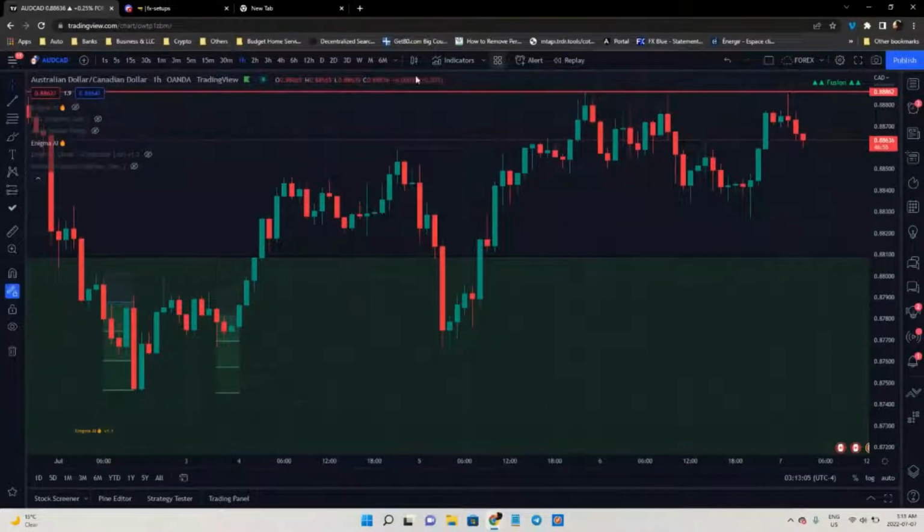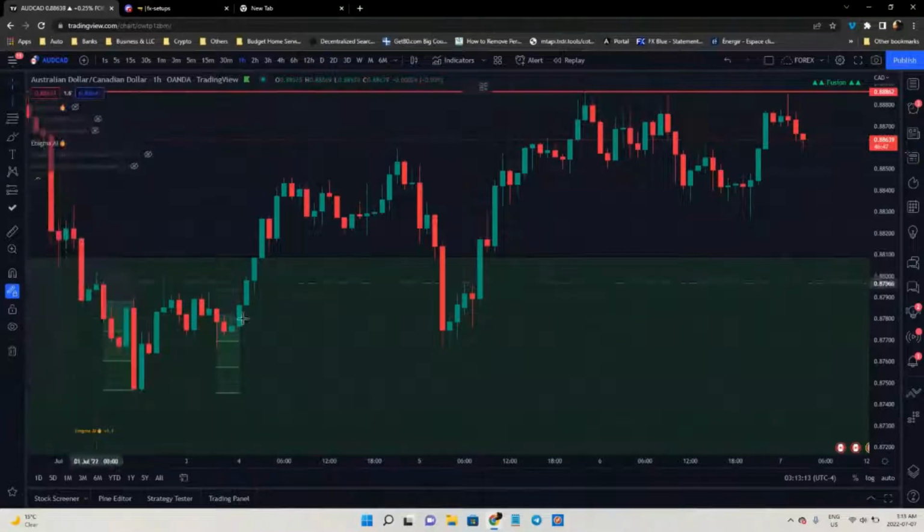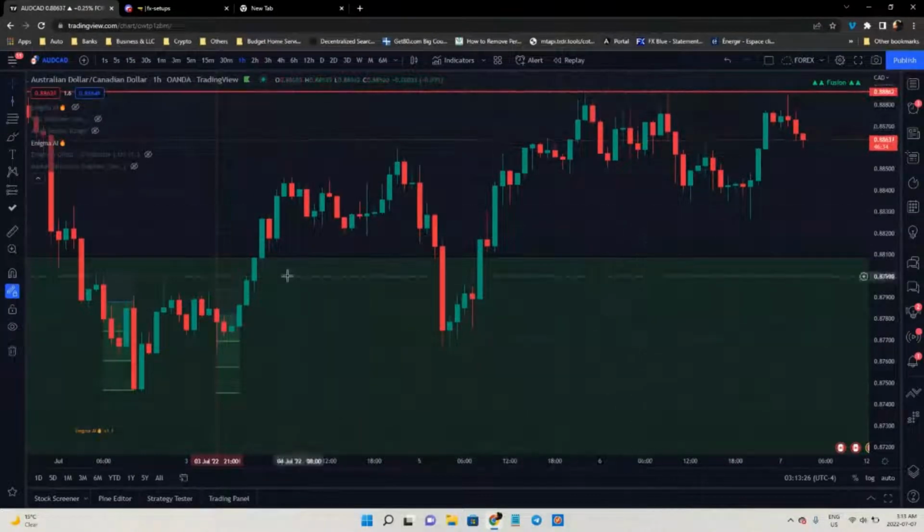So let's look at AUDCAD. I'm going to put a horizontal line so we know exactly when the trade came in. Let's remove this one. Perfect. All right.